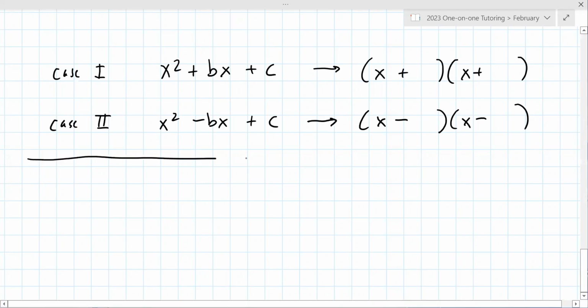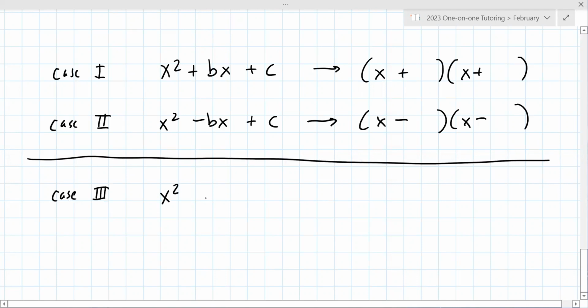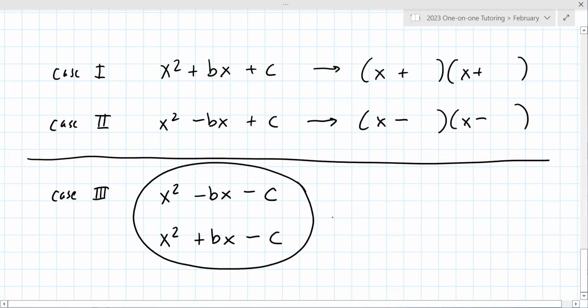Now, unfortunately, it doesn't get easier, but there's only one more case, case 3. There's two ways it could be presented: x squared minus bx minus c, so basically minus minus, or x squared plus bx minus c. But these produce the same case.